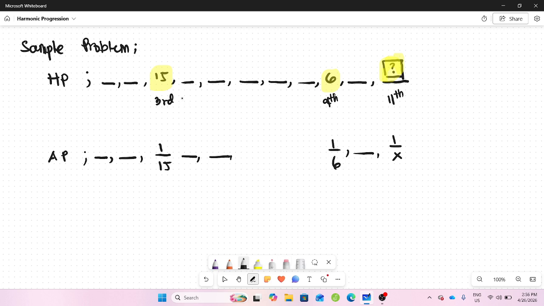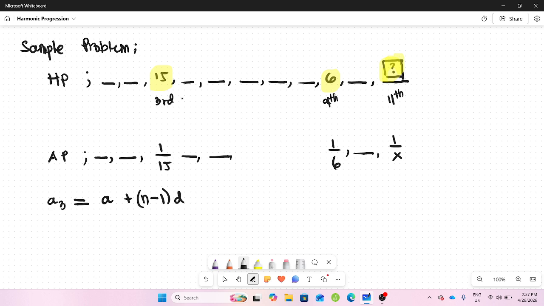Okay, let's continue. So to solve for the 11th term, or to get the value of the third term, is actually A1 plus n minus 1 times d.